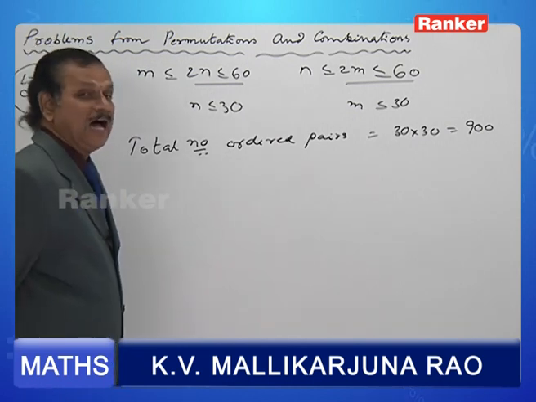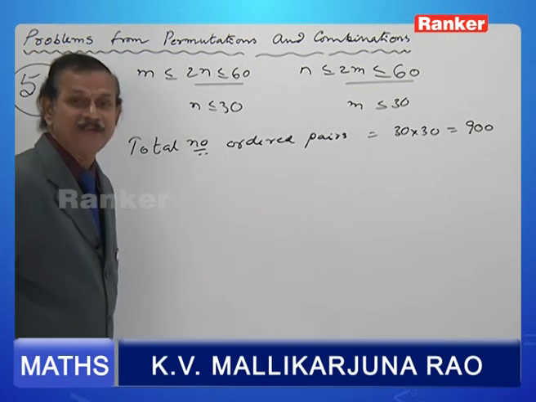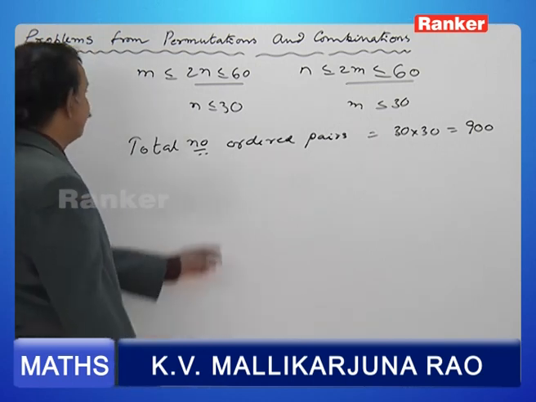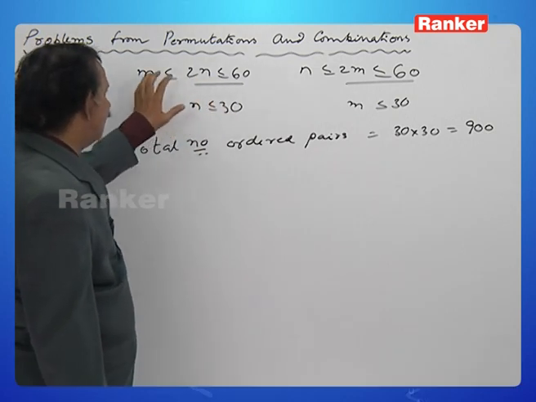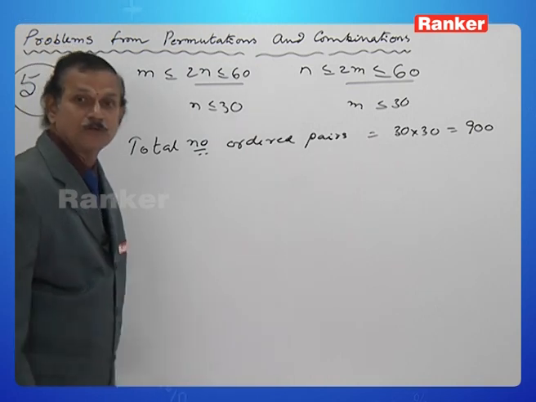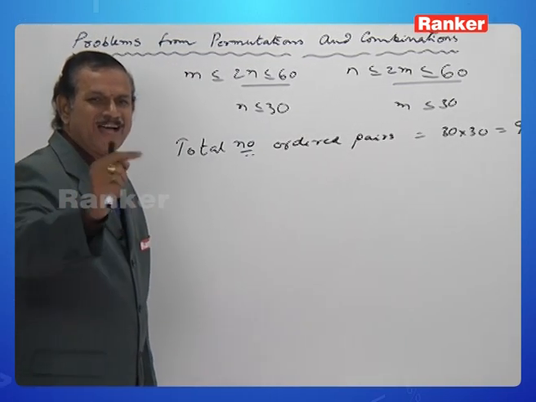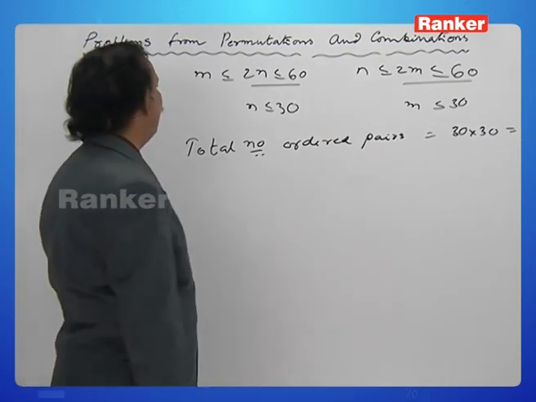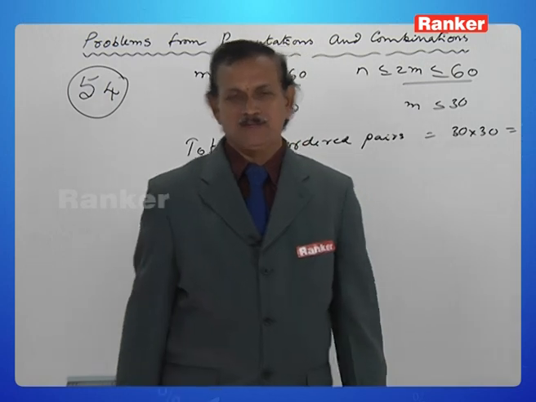Well, are these entirely the required ordered pairs? No. We have followed this condition only. We are not able to follow this now: m less than or equal to 2n and n less than or equal to 2m. We are now to attend to that. Well, we want to have actually m less than or equal to 2n.